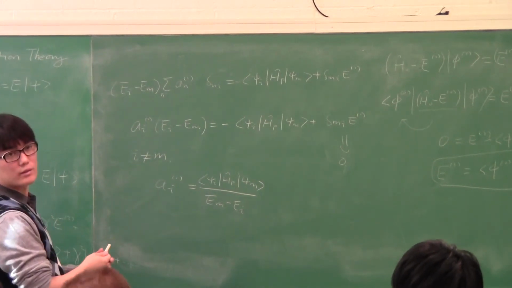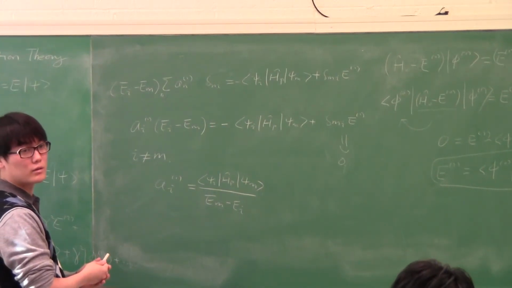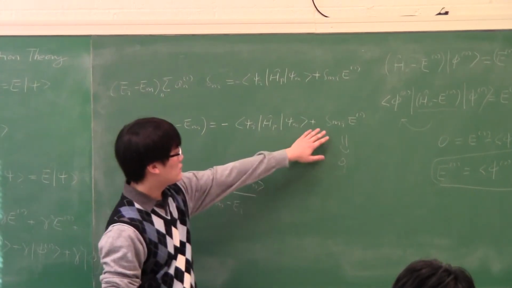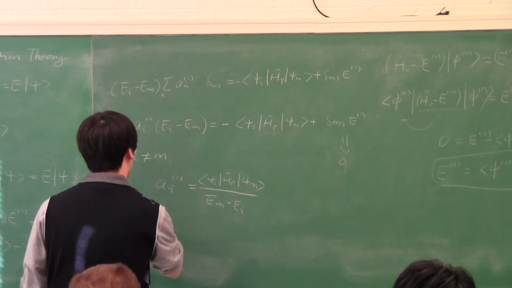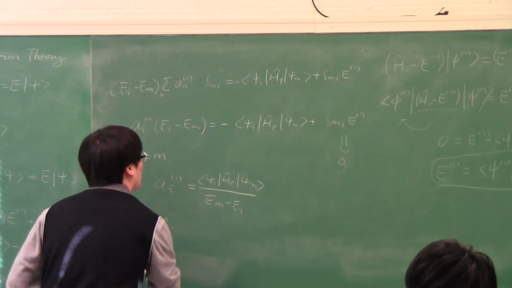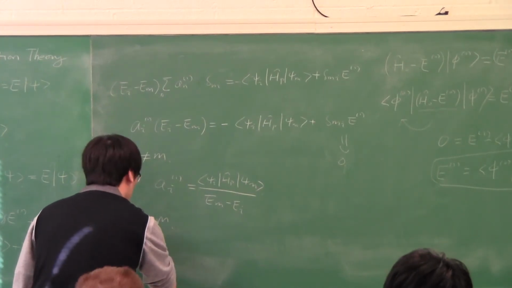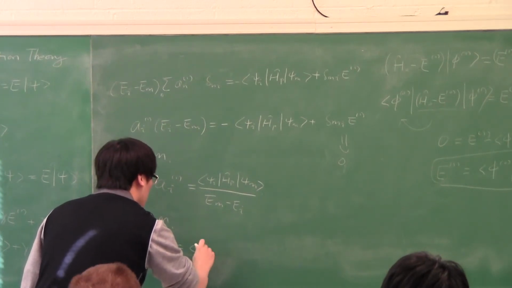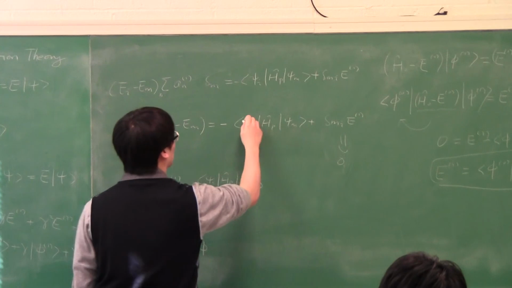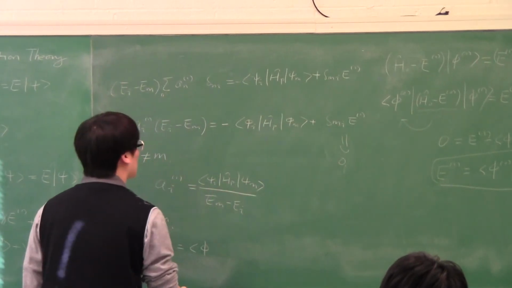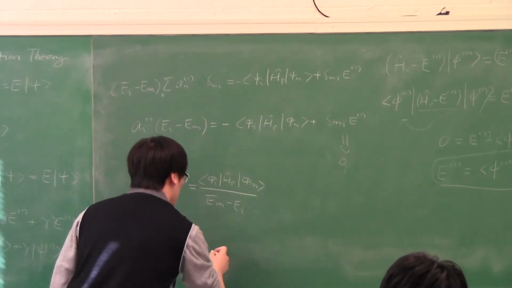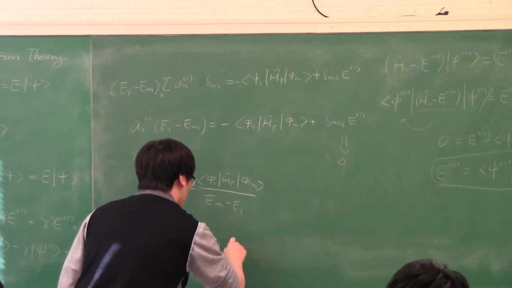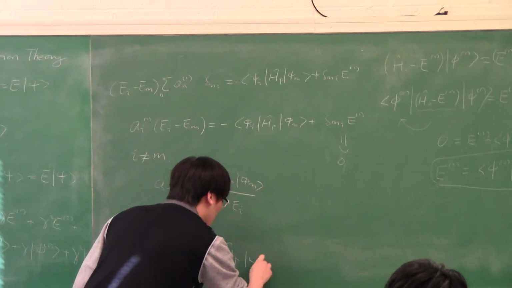So what happens if m and i are equal? Okay, if m and i are equal, then for i equals m, the right-hand side is V_ii, which is V_mm now.